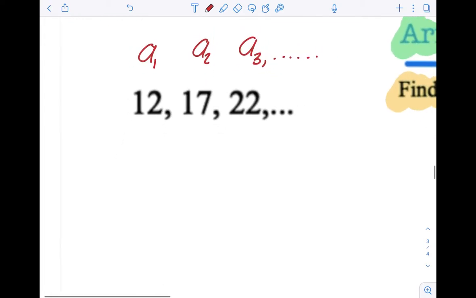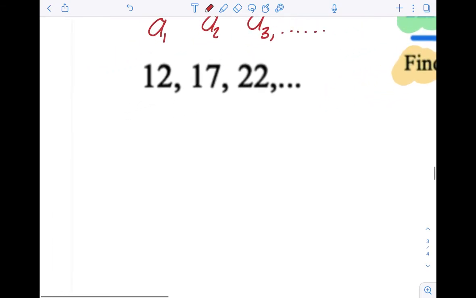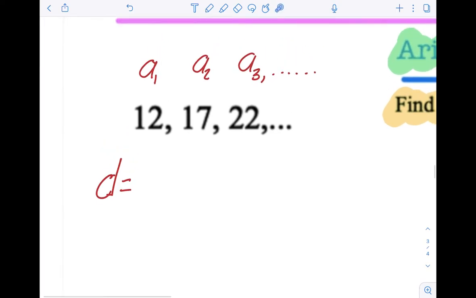So to find the common difference, kiddos, we do this. We're going to say D for difference. To find the common difference, you take the number in front minus the number before.